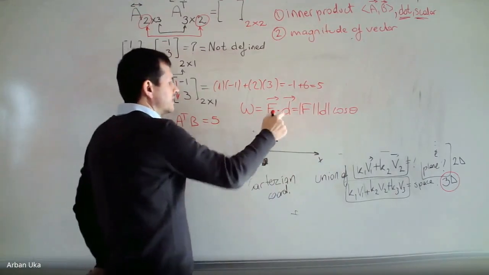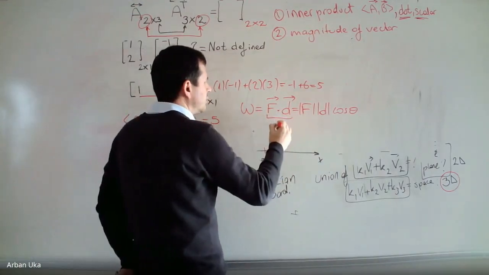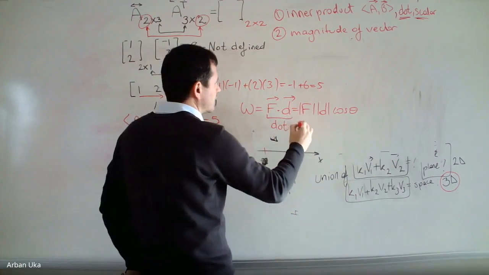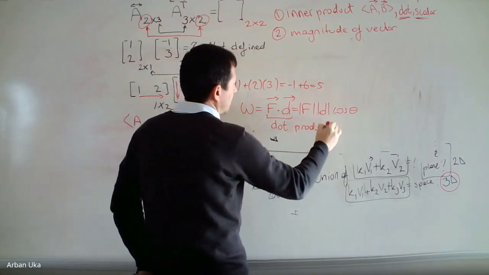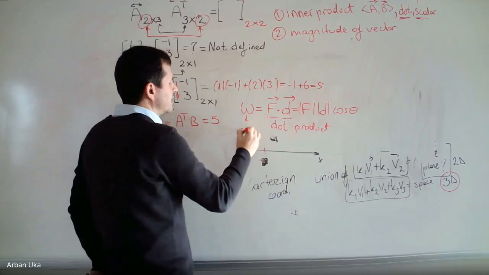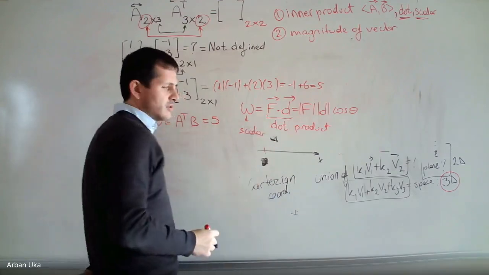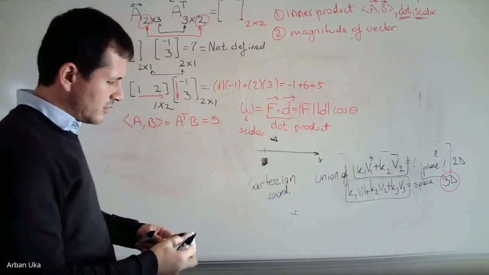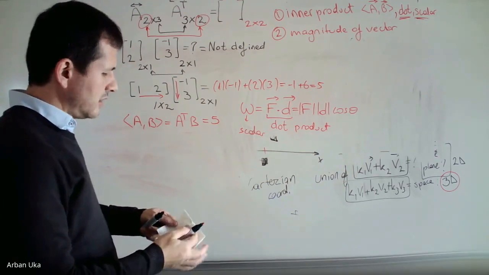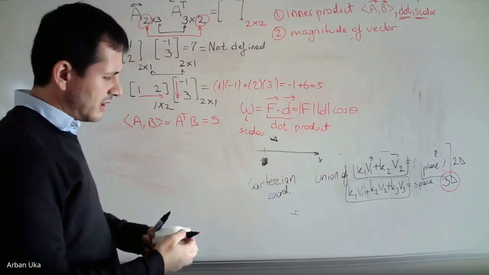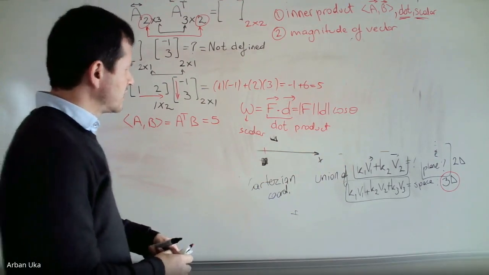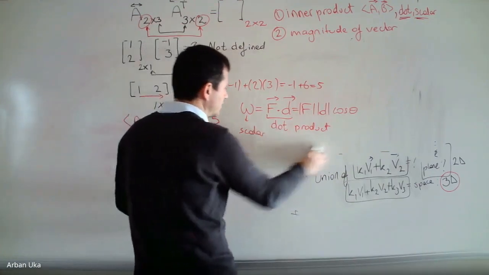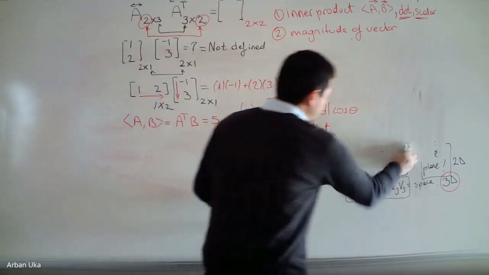So this is a dot product or scalar product, and this is a scalar quantity, it's just a number. So the electricity bill that you pay at the end of each month is shown in kilowatt hours or joules. And these joules don't have any direction, it's just a number out there, okay?